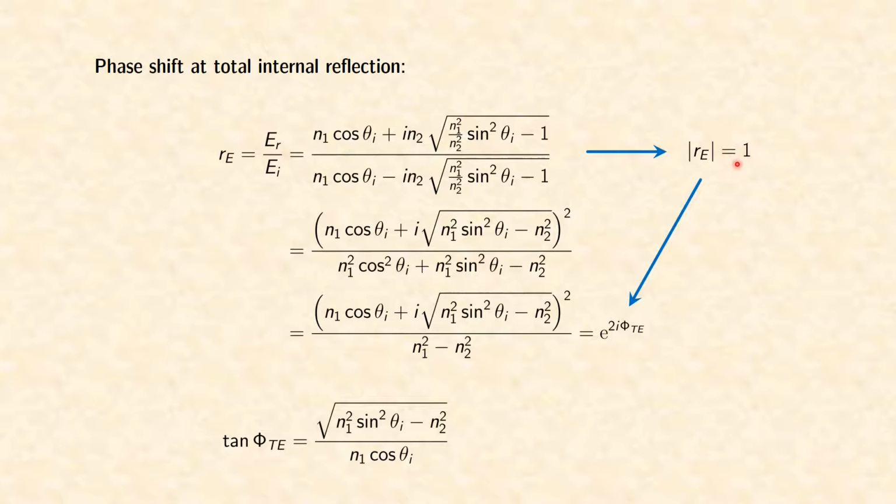That's not surprising because the square of the amplitude reflection factor is also 1. However, it is a complex number with magnitude 1.